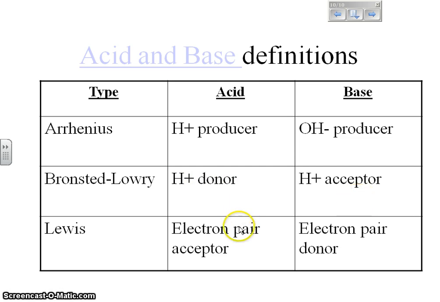A Lewis acid is an electron pair acceptor, and a Lewis base is an electron pair donor. You will need to remember these. This little chart is something you should study quite a bit over the next week or so, and certainly before the test, because you will be assessed on all three of these: what they accept, what they don't accept, and all that other good stuff. So that's today's lesson.